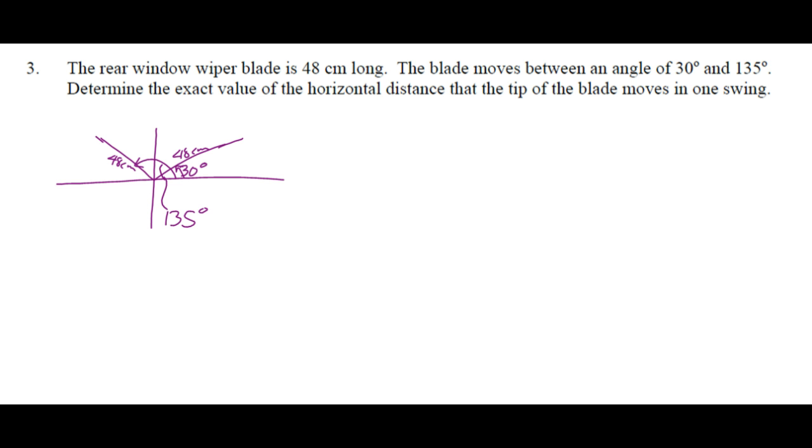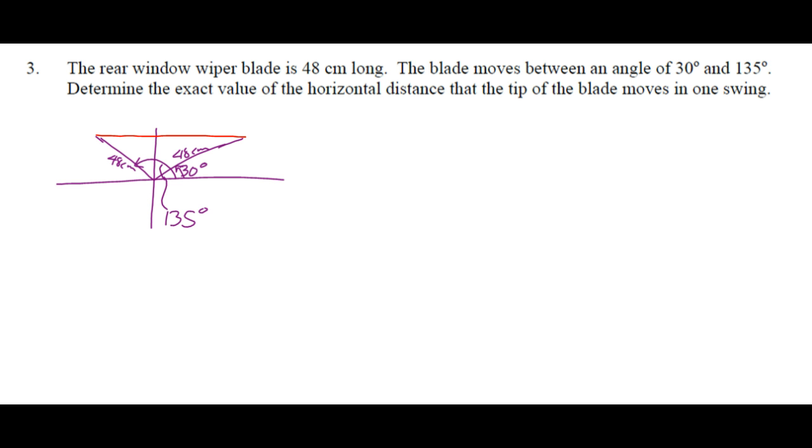It's across. Okay? So where am I drawing? Across. There. So we want to find the red distance, right? The red distance. The horizontal distance. We need the exact value.